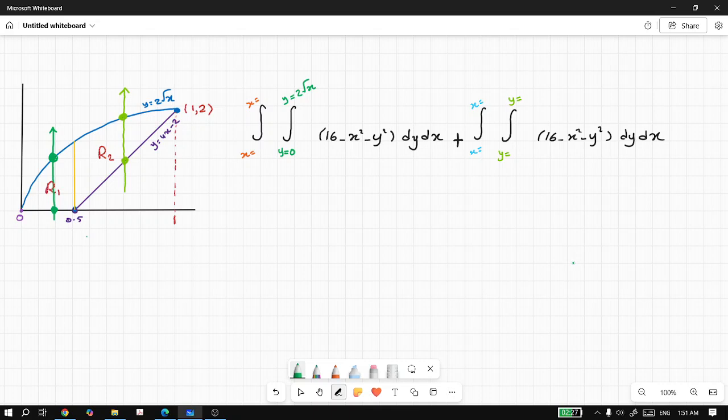We have to find the limits of integration for x also. For x, we know that this region R1 runs from 0 to 0.5. So x becomes from 0 to 0.5.